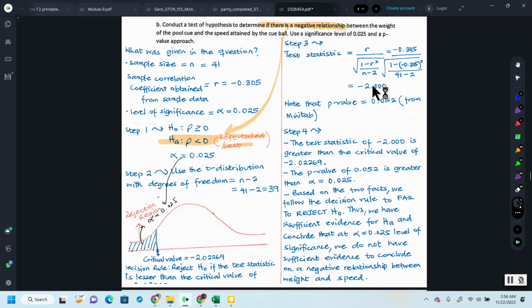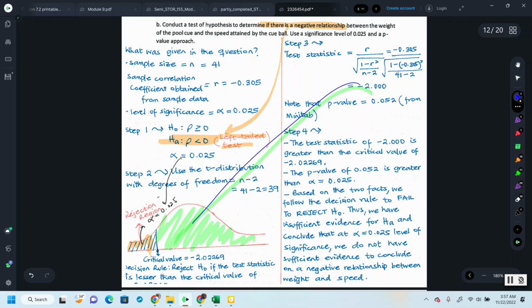If you check, where does this negative 2 fall in this picture? Does it fall in the rejection region, or does it fall in the green non-rejection region? You might observe that this number comes before negative 2, so it should be a number somewhere here. So this does not fall in the rejection region.